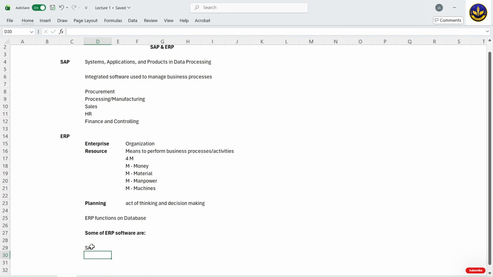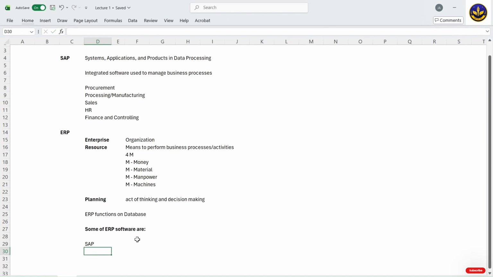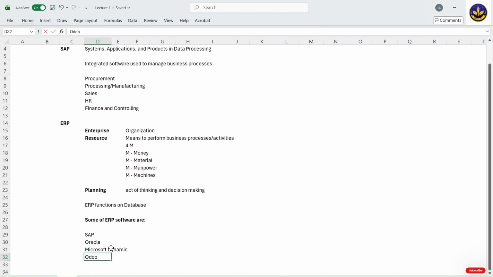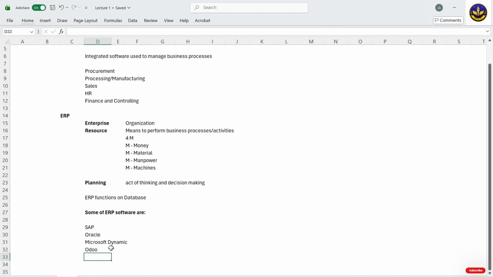First one is SAP. And we have Oracle, we have Microsoft Dynamics, and Odoo, which is very similar to SAP and in trend. So these are the major ERP software.